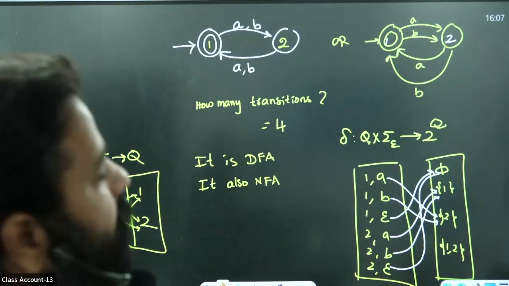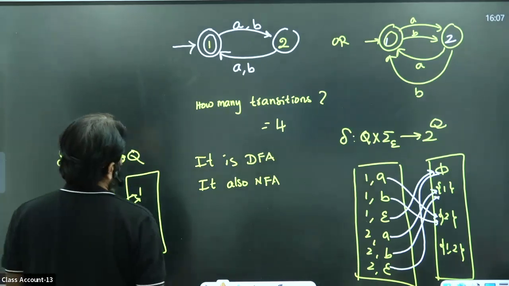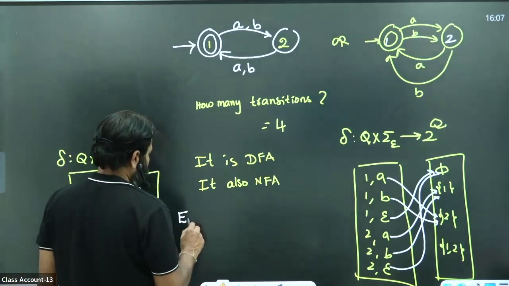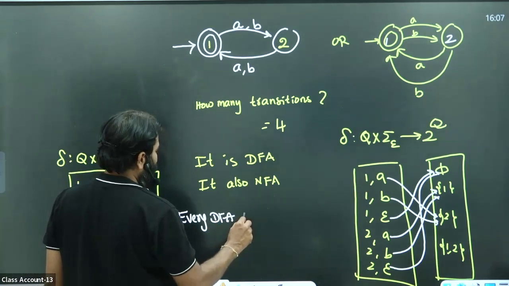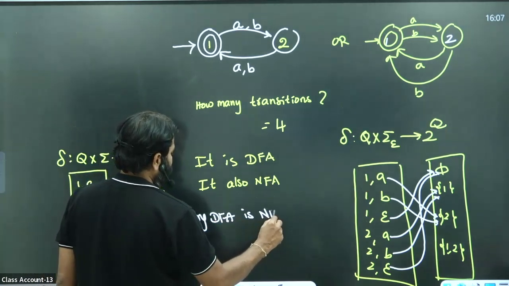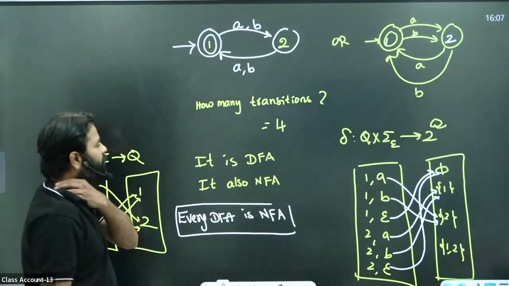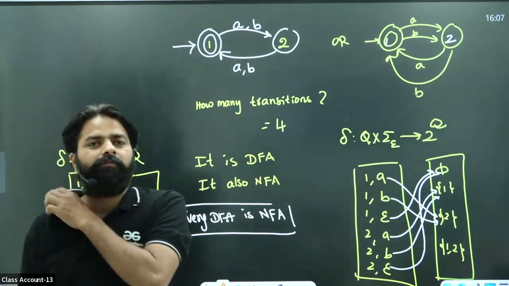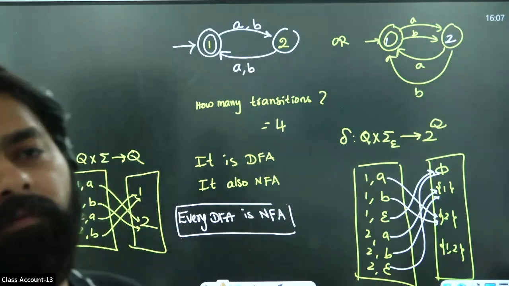Everybody able to understand the statement? Why we call every DFA an NFA? You can prove why it is an NFA. Only NFAs need not be DFAs.